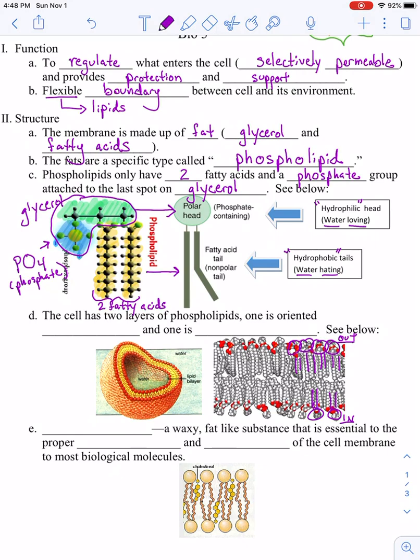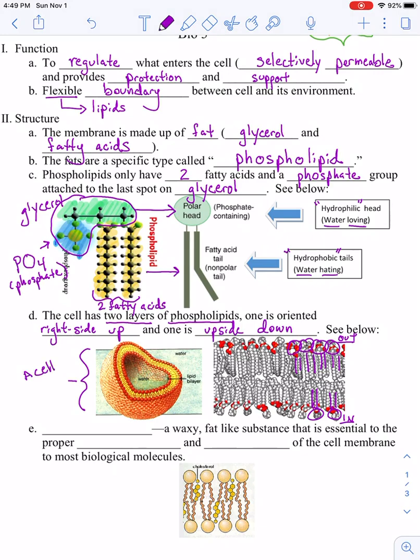So cell membranes actually have two layers of phospholipids. One is oriented right side up, and the other is oriented upside down. Now this picture here is supposed to represent a cell, essentially represented as a ball.